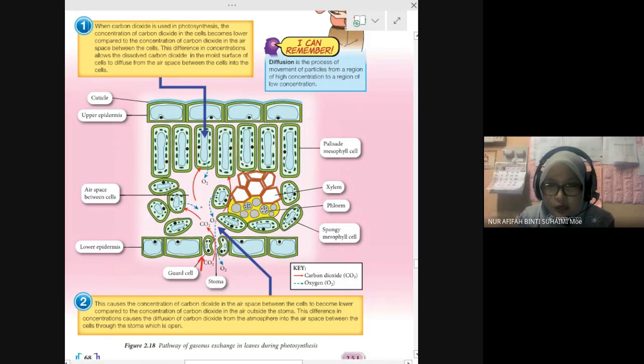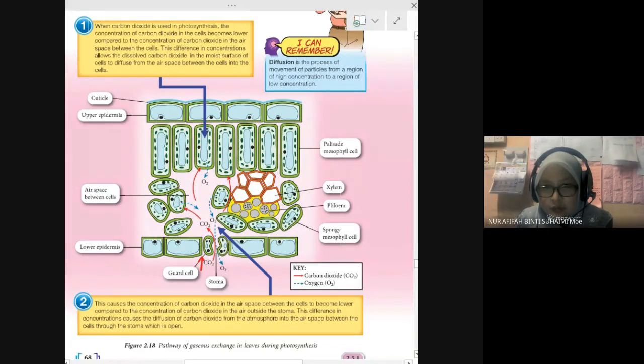So the carbon dioxide will diffuse into the leaf through stoma. Boleh? Okay, once the carbon dioxide is used during photosynthesis, oxygen will be produced.